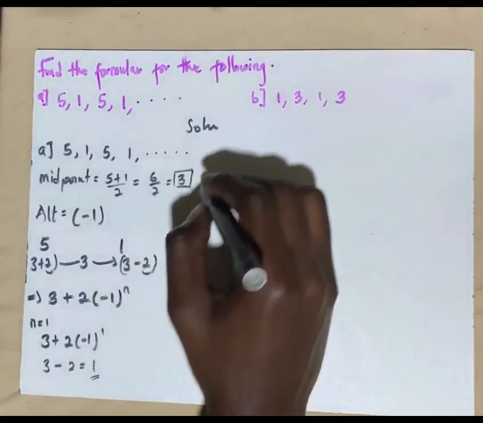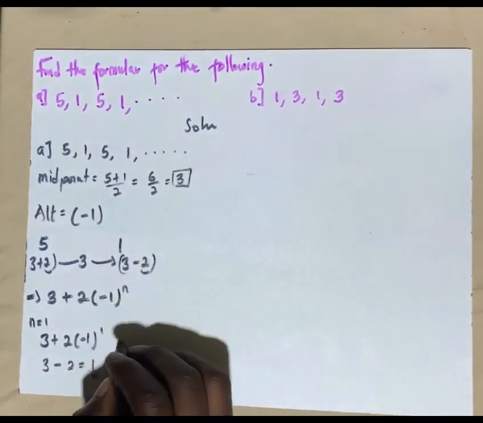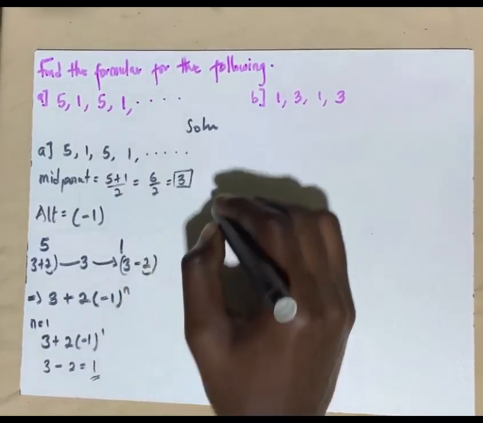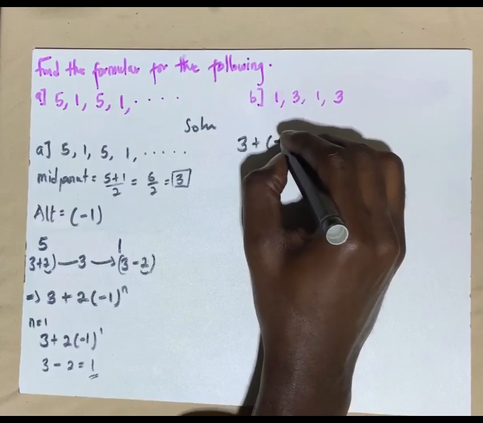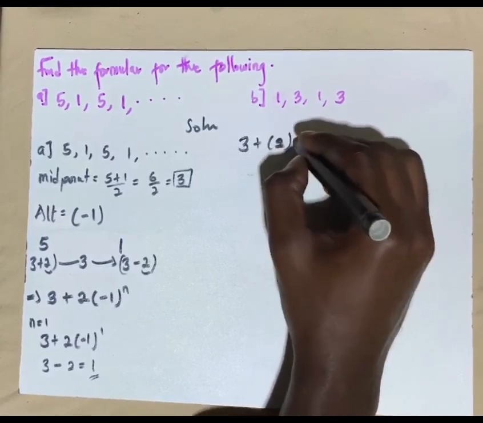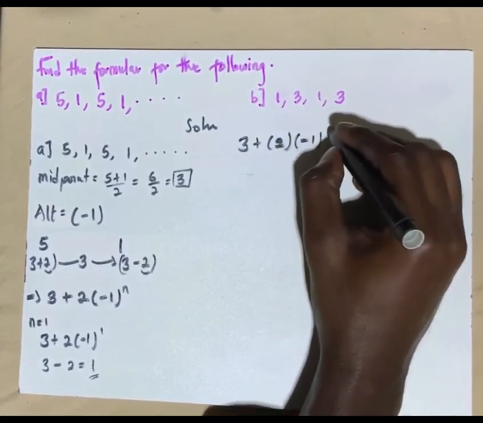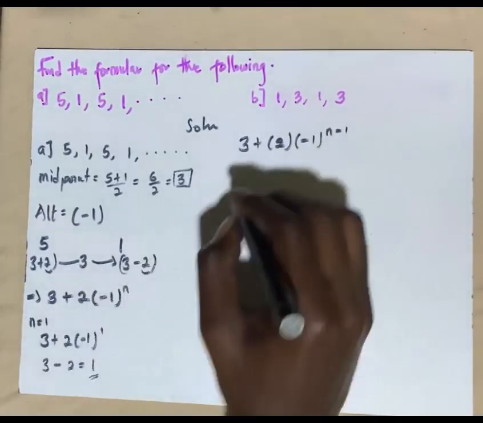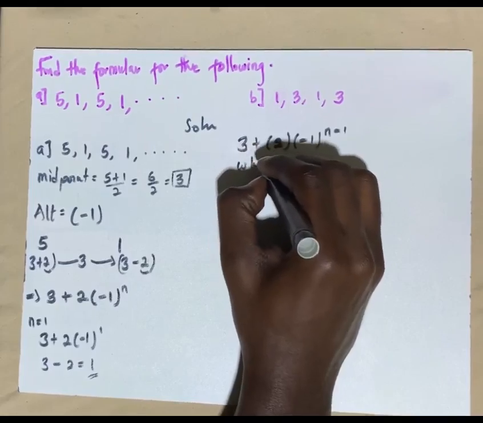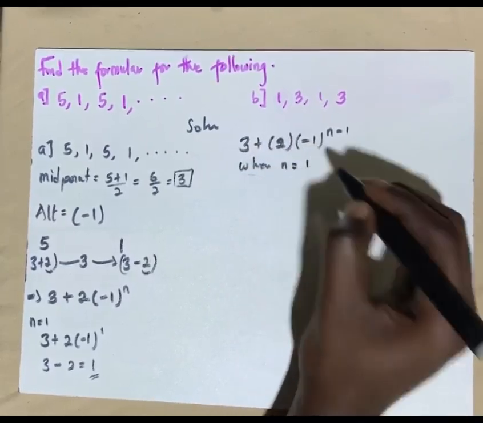Let's now try n minus 1 and see something. So now we have 3 plus 2 times minus 1, and n minus 1 is the exponent. Let us try this. When n is equal to 1, what do we have?